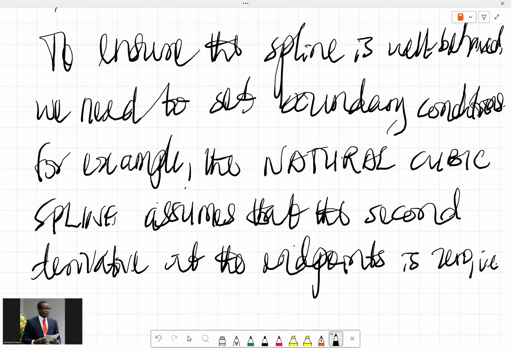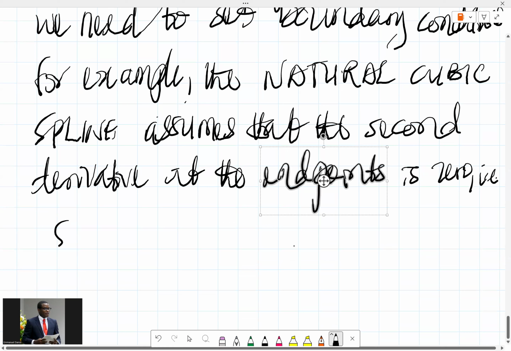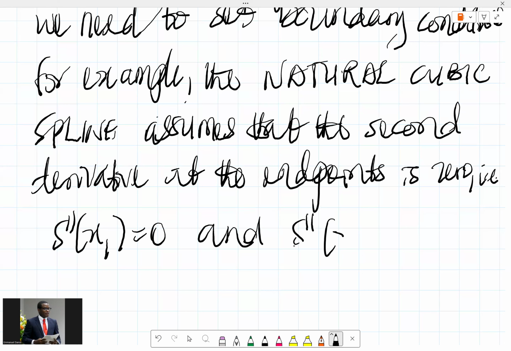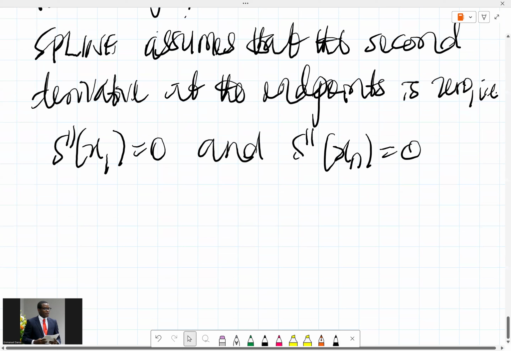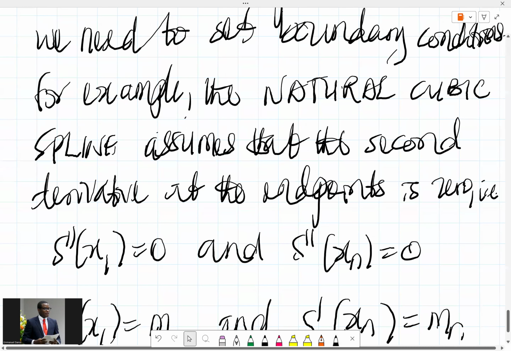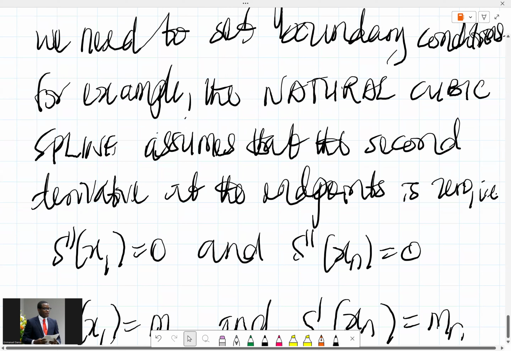That is, s prime prime of x1 is equal to 0 and s prime prime of xn is equal to 0. That's one boundary condition that helps. Then s prime of x1 is the first slope, and s prime of xn is the end slope. So the natural cubic spline assumes that the second derivative at the endpoints is 0.